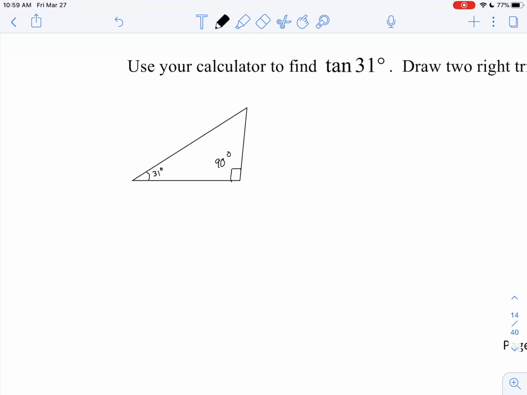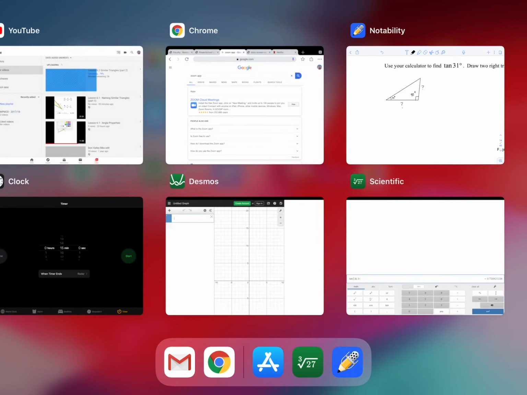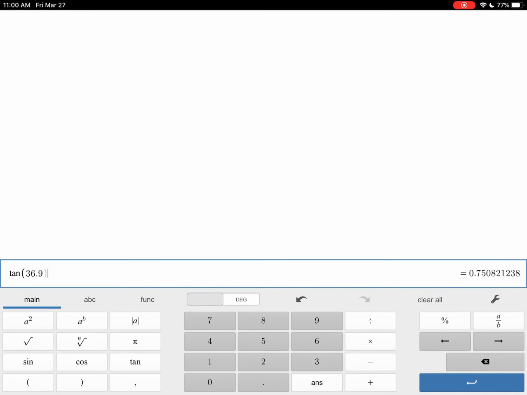Then they're asking, what are these two side lengths, or two different possibilities for those side lengths, if tan of 31 degrees? So I'm going to go back to my calculator and figure out what is tan of 31 degrees. Tan of 31 degrees, my calculator is in degrees, is 0.6. I see there is a bunch of extra decimals there.